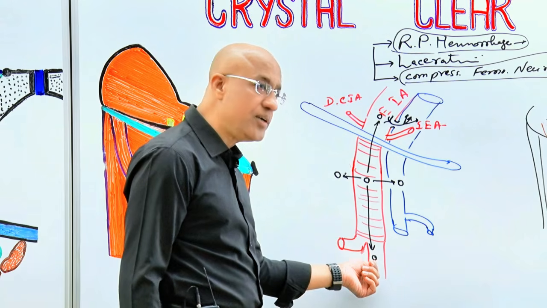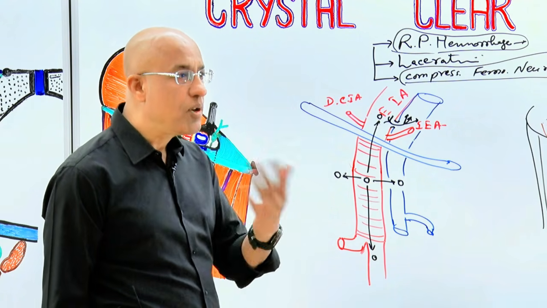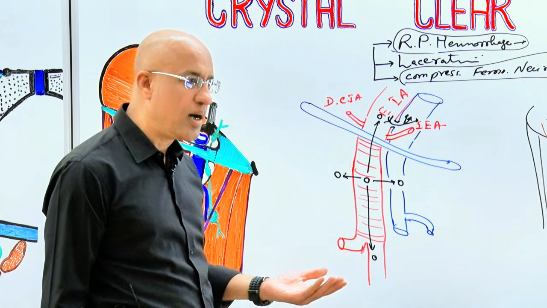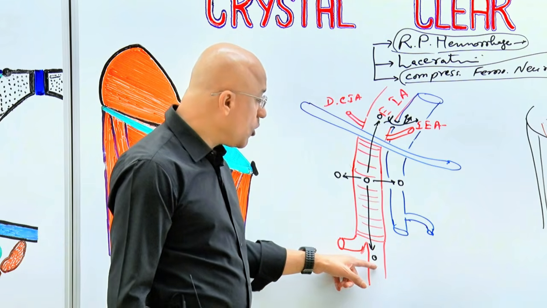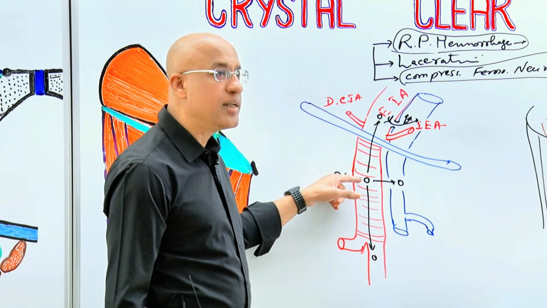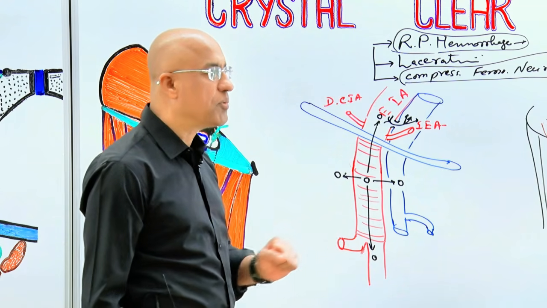And if it will bleed, it will make hematoma. So chances of formation of subcutaneous hematoma in lower puncture is far more than the golden area puncture. This is one thing, hematoma can be formed over here.